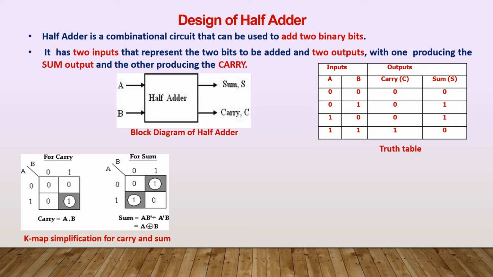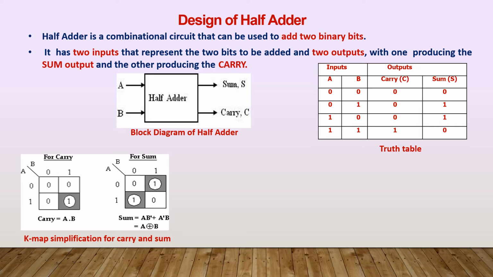First we are going to consider carry. What are the 2 input variables? A, B. Since it is A, it will have either 0 or 1. The other variable is B, which again will have either 0 or 1. Likewise, we can construct the 2 variable K-map. Now we are going to represent carry. Look at this truth table.